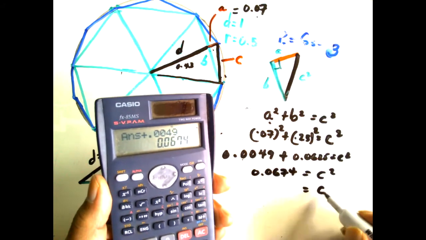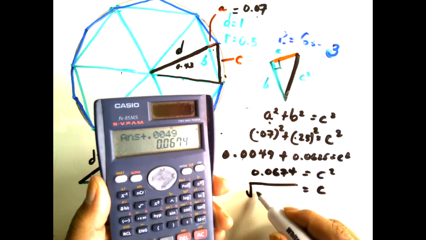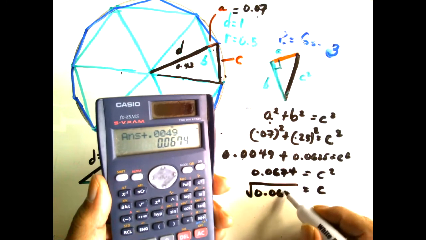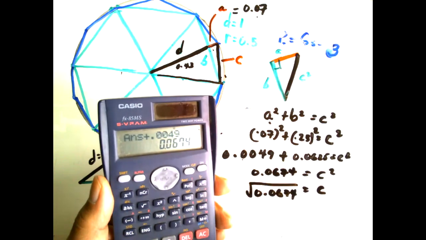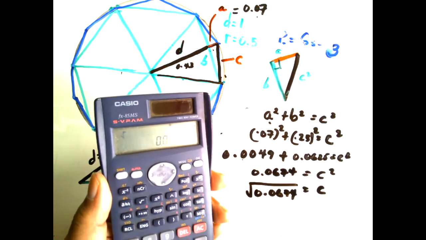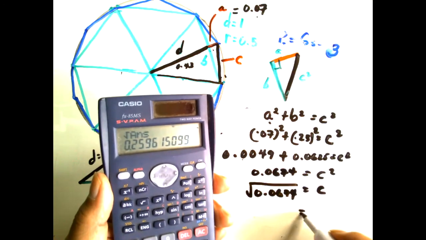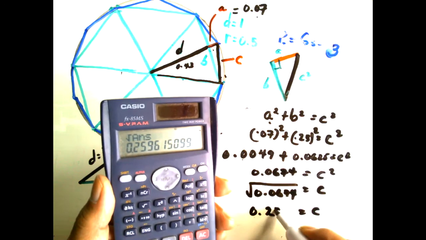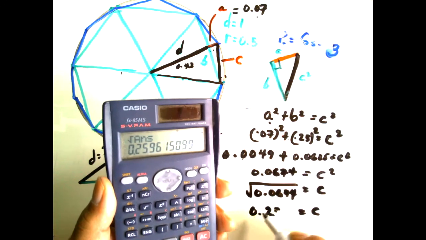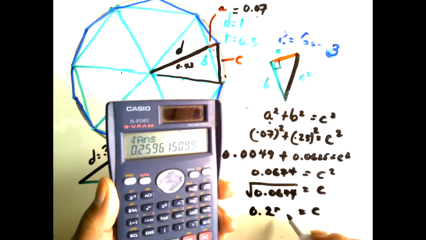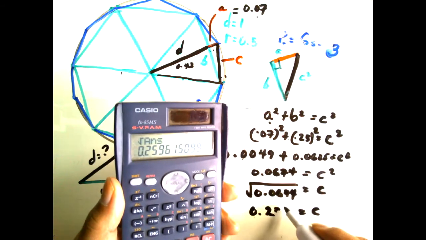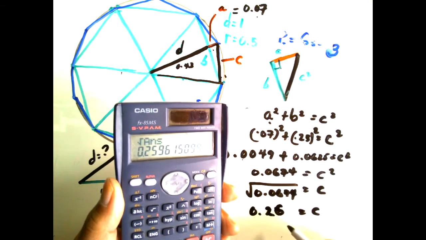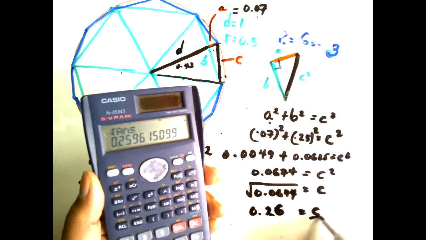And we get the square root of this number. Get the square root of that. And your answer should be, C should be 0.26, to two decimal places. And that's your value for C.